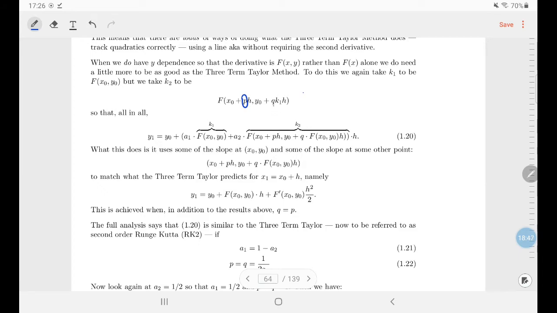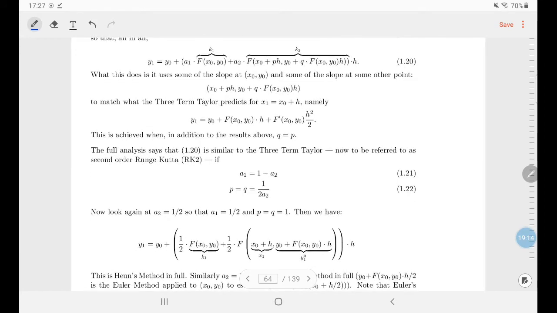So x0, x1: you pick 2 points. You do x0 plus ph. And then I think you do an Euler predictor with that distance. Yeah, I'm kind of lost myself here. But use two points, this one and this one. I think it's in there.